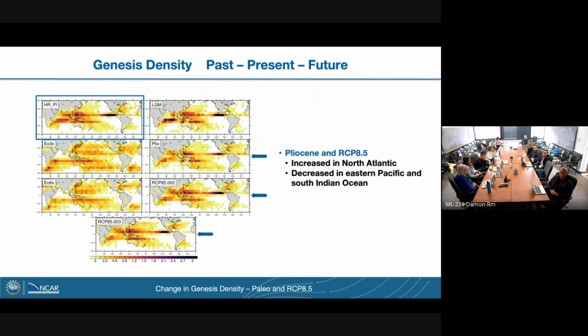If we look at the Pliocene there in the middle right, and then the two RCPs, you can see increased tropical storms being generated here in the North Atlantic, but decreased here. It's hard to see here, but take my word for it, that in the Eastern Pacific and the Southern Indian Ocean.